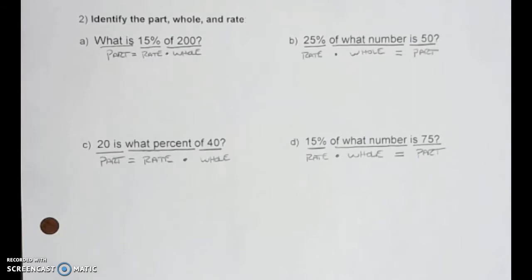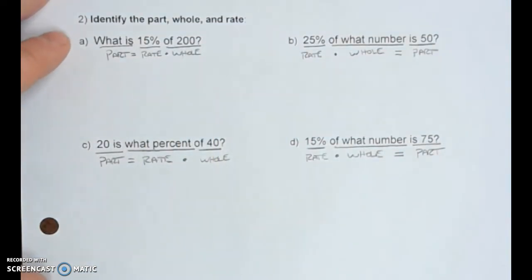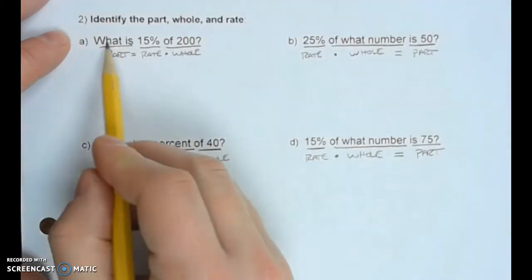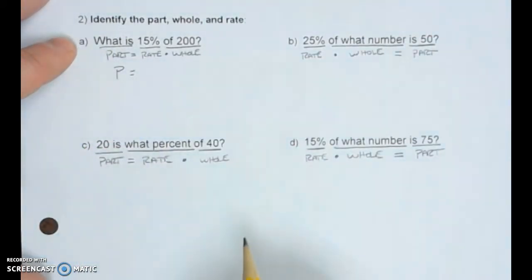Now that we know the percent equation, we can practice answering these questions. And remember, it's part equals the rate times the whole. What is the part is the unknown, so I'm going to put P for part equals. The rate was 15%, but remember the rate has to be written in decimal form.